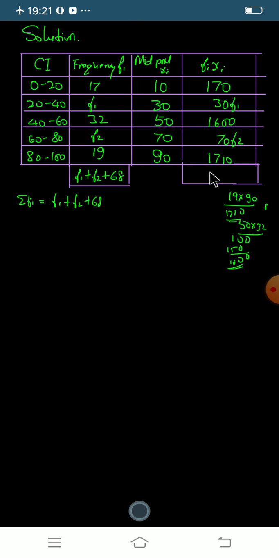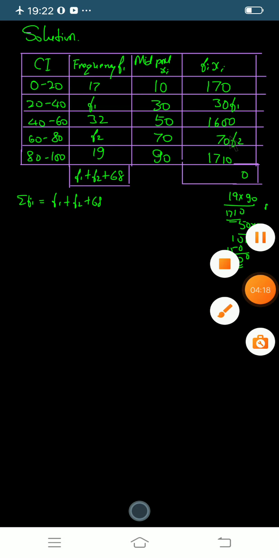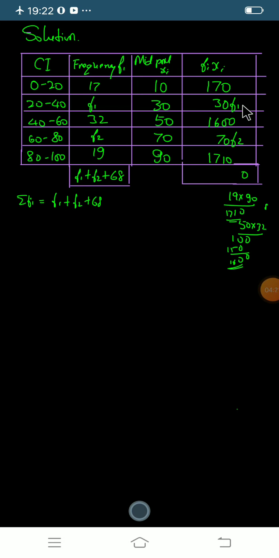Now if you add the three numbers, you will get how much? I will write in a proper order: 170, then 1600, and then 1710.